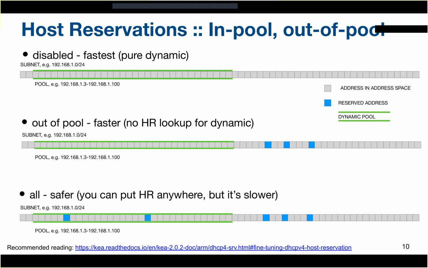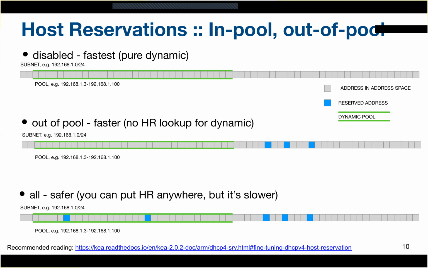Basically you promise that there are no reservations, so please do everything purely dynamic. If you take a look at the top image, you have a subnet, and out of the subnet you have some addresses allocated as a dynamic pool that Kea should allocate. In most cases, this will be almost the full subnet, except maybe the first or last address for broadcast and one for the gateway.